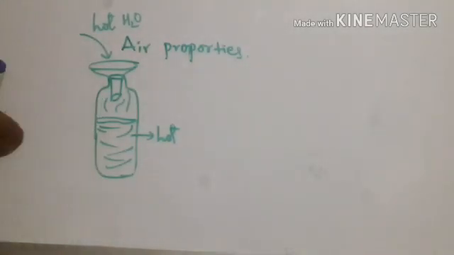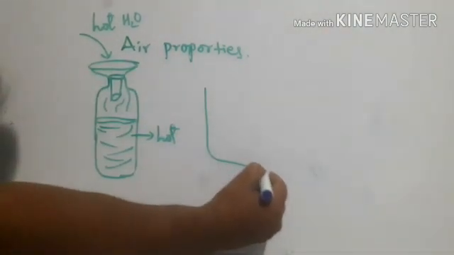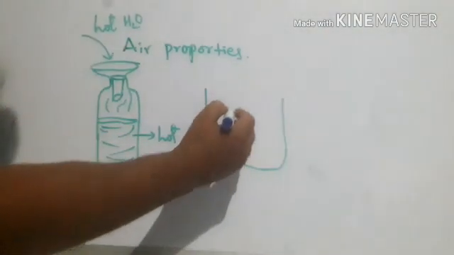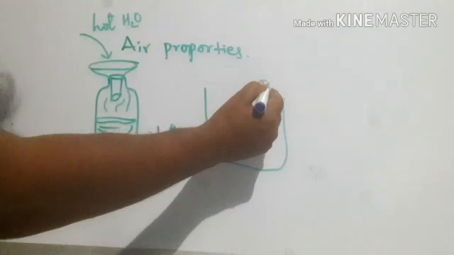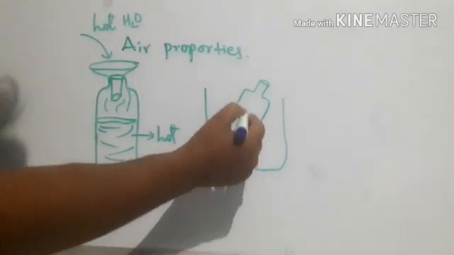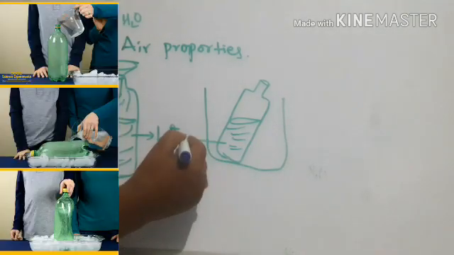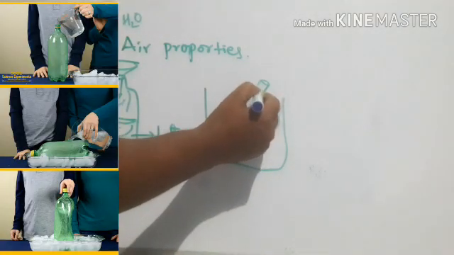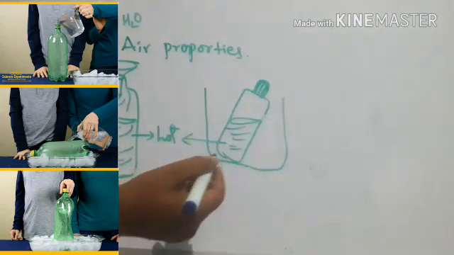Now keep the lid on this bottle and keep this bottle in a container. So here is the water bottle, and you filled it with hot water, right? And fix a lid to it.